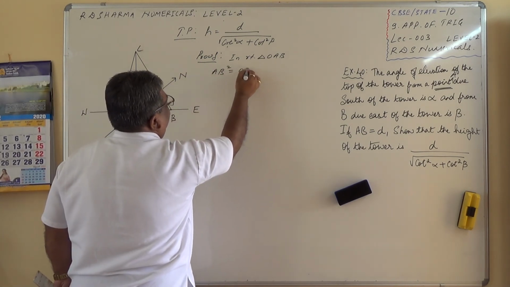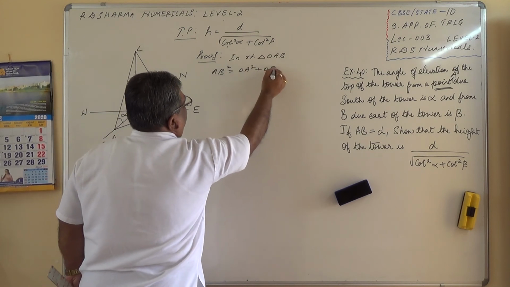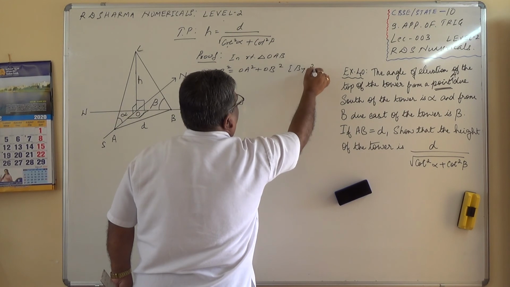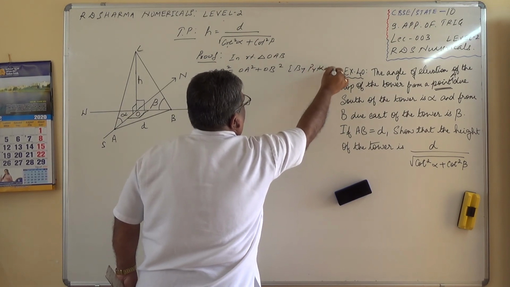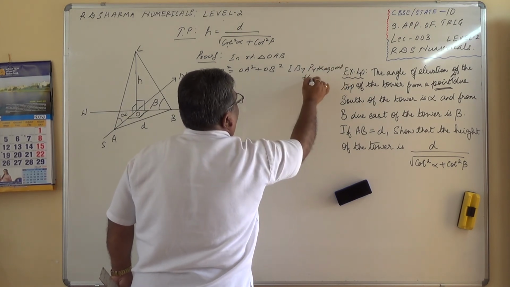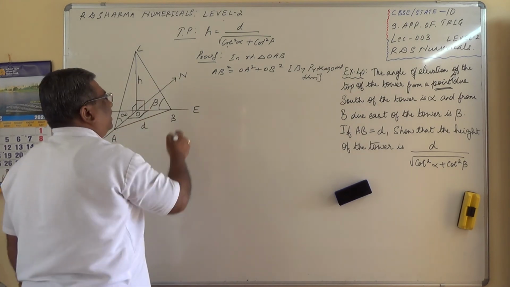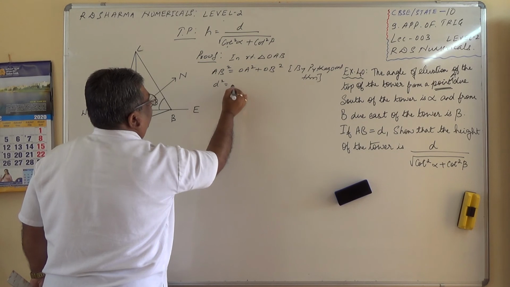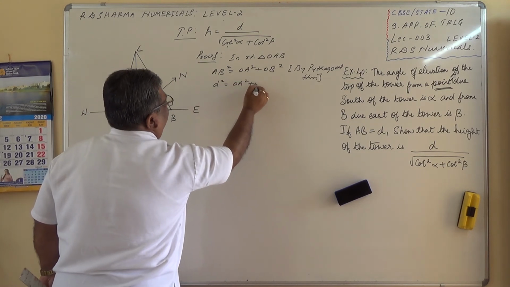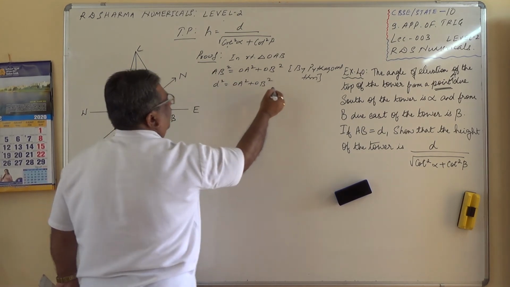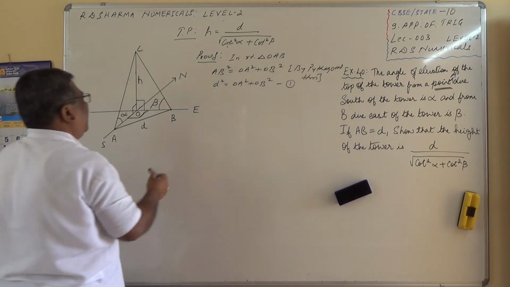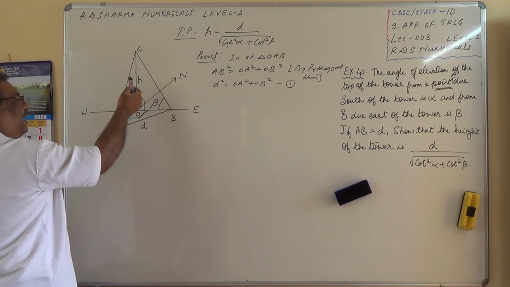AB square equals OA square plus OB square by Pythagoras theorem. What is AB square? D square. AB is equal to D here. D square equals OA square plus OB square. Mark this 1. If I substitute OA and OB in terms of h and alpha and h and beta, my job is done.